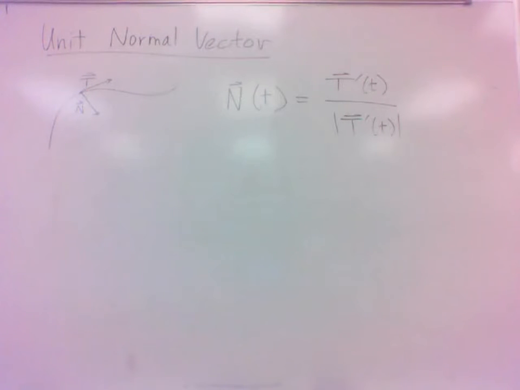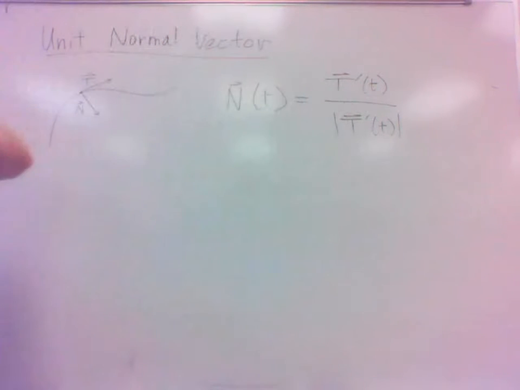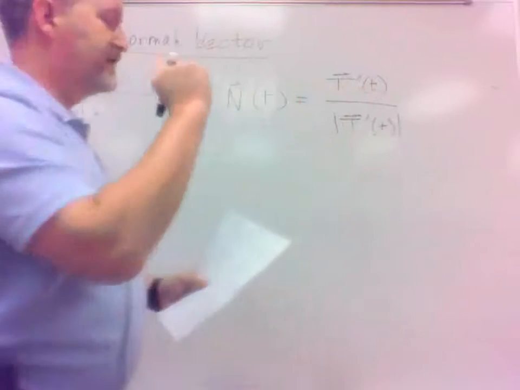It turns out that the derivative of the tangent vector is perpendicular to the tangent vector itself. T prime is orthogonal.